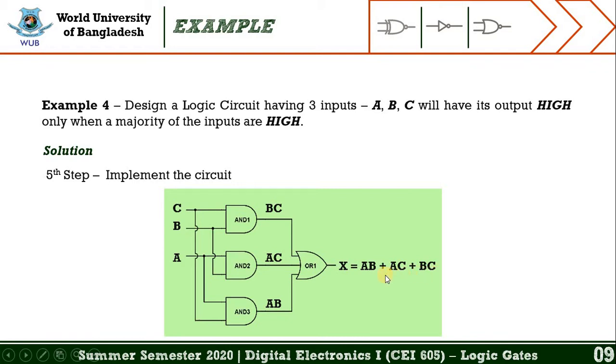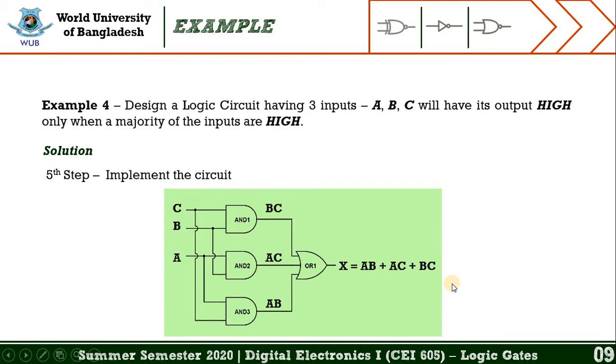You can see that here we need 3 AND gates, because A and B, A and C, and B and C. All the AND outputs are connected with an OR operator, so we need one OR gate. I hope this will not create any problem for your understanding. So that's all for this problem.